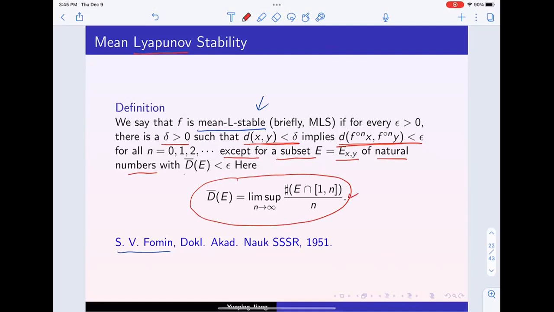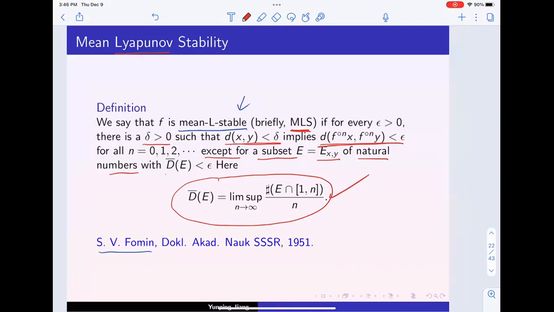Density is defined like this: for any n, you count how many points of E are in 1 to n, and you take the upper limit. That is called MLS, mean L stable, which means almost equicontinuous except on a subset with small density.